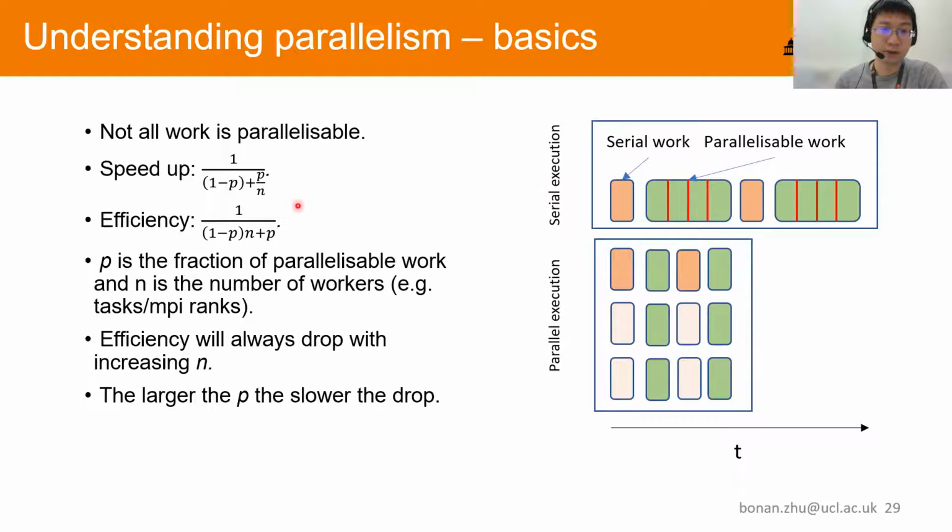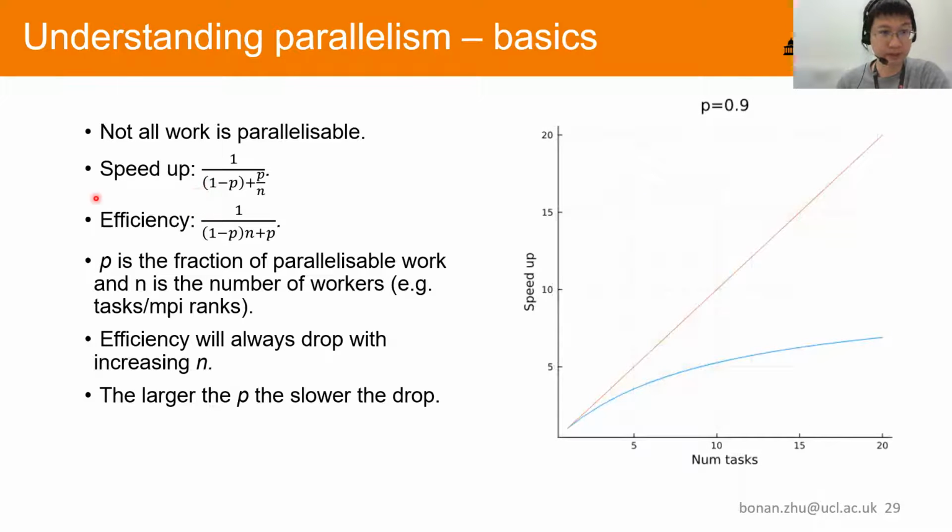So the speedup can be written in this equation, where P is the fraction of parallelizable work and N is the number of workers. The efficiency is the speedup divided by N, which is this expression. Here we plot the speedup against the number of tasks N for a specific P value.